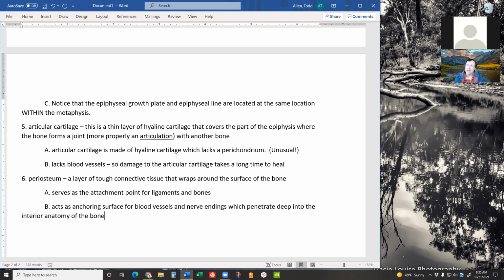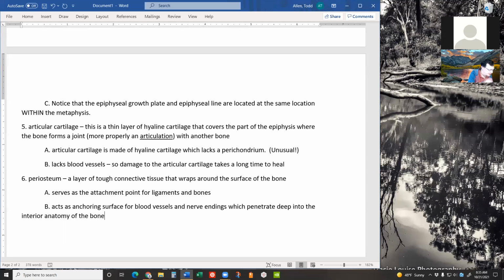That's what I mean by anchoring surface. The wall of your room provides a structure, which is a foundation for something like a window or door to be part of. So the wall is an anchoring structure for a window or a door. In the same analogous way of thinking, the periosteum is an anchoring surface for blood vessels and nerve endings that need to enter into the interior of the bone to keep the cells happy.